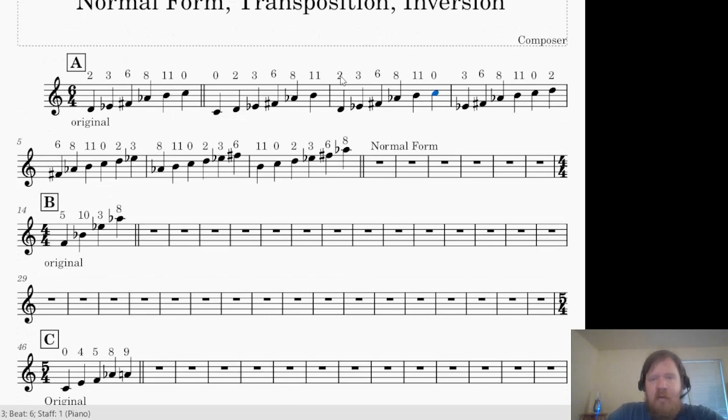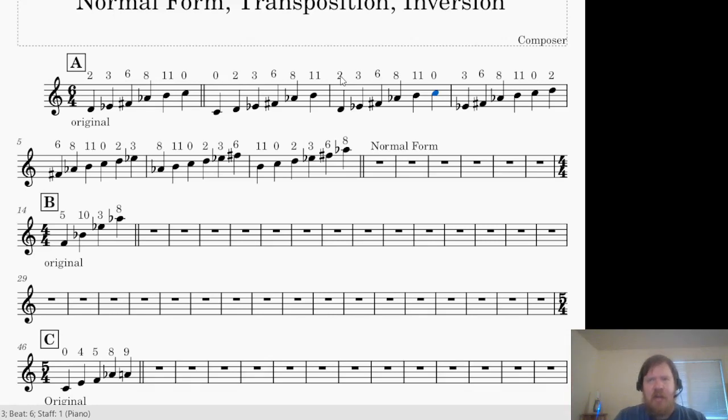We're using what my theory teacher sometimes called mod 12 arithmetic, which is where all the numbers have to be between 0 and 11. So if you have something outside of that, like negative 2, then you add 12 to it to get it into that range.